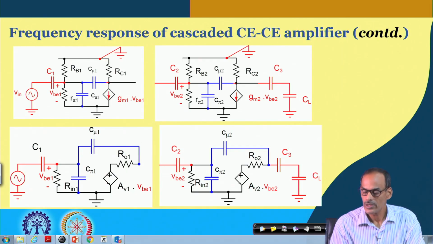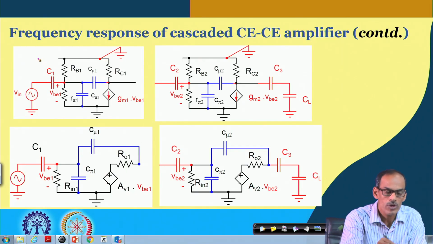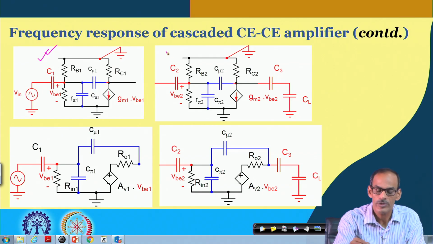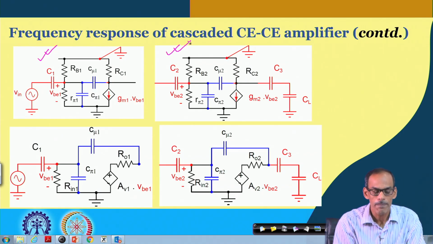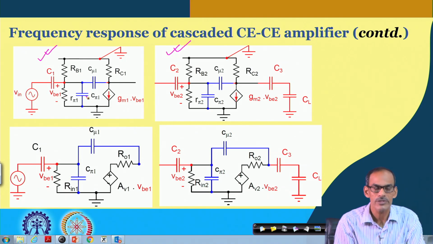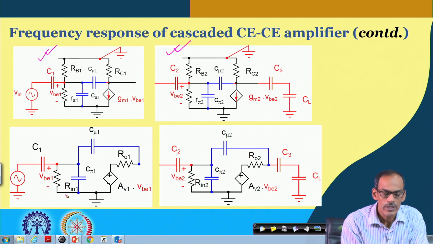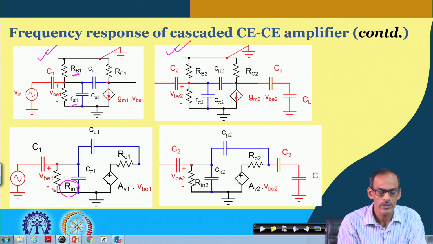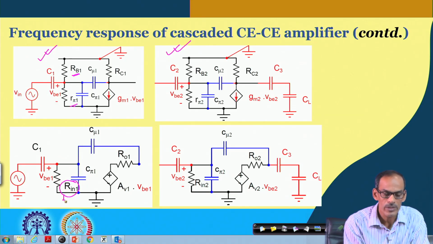So, here these two small signal circuits come from the previous slide, and we can simplify the individual circuits like this. We can translate RB1 and R pi 1 together into the input resistance Rin1, which means that Rin1 is Rb of this stage in parallel with R pi 1.